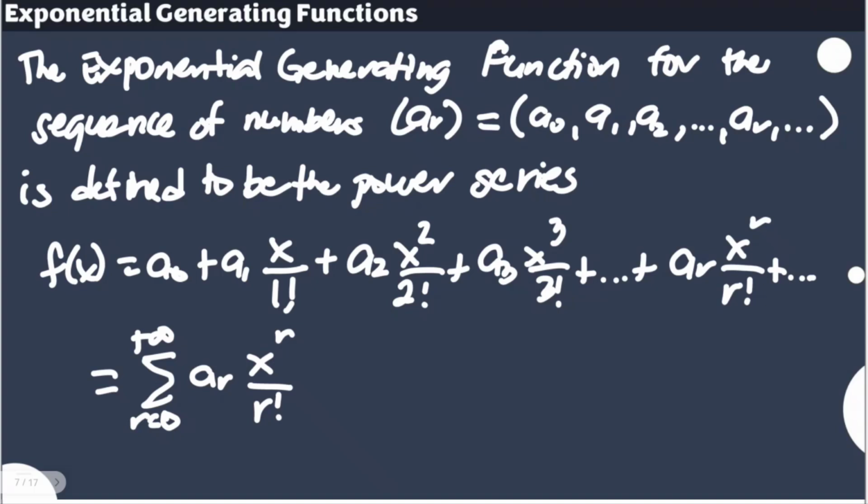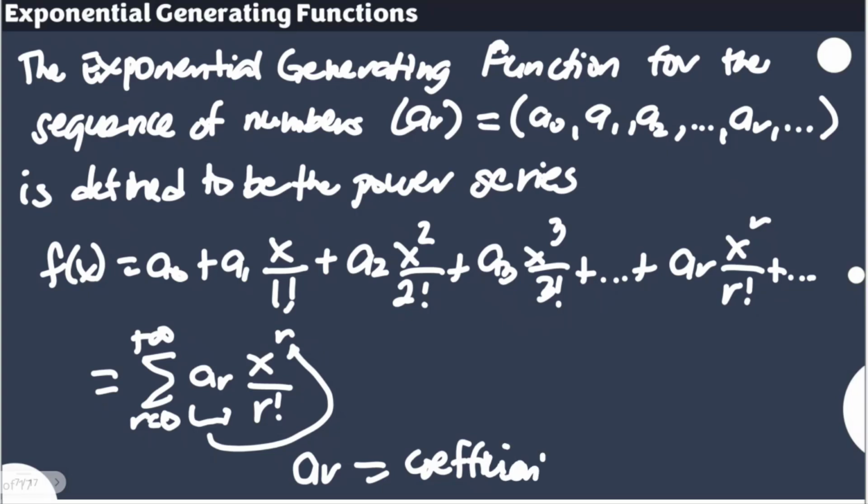This is actually unique because for ordinary generating functions, the number of ways to arrange a certain r objects is the coefficient a sub r. This is still the coefficient and still equivalent to the number of ways of using r arrangements.